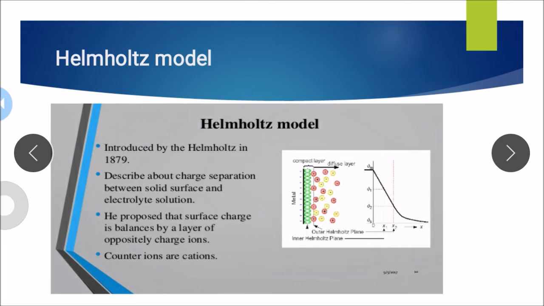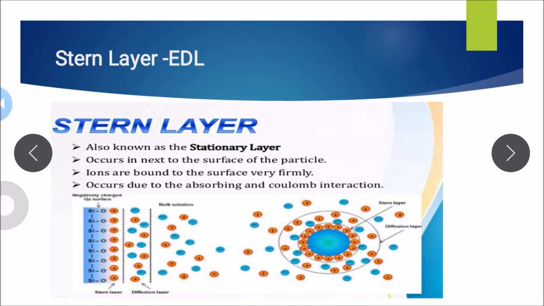He proposed that the surface charge is balanced by a layer of oppositely charged ions. The counter ions are cations here in the Helmholtz model.